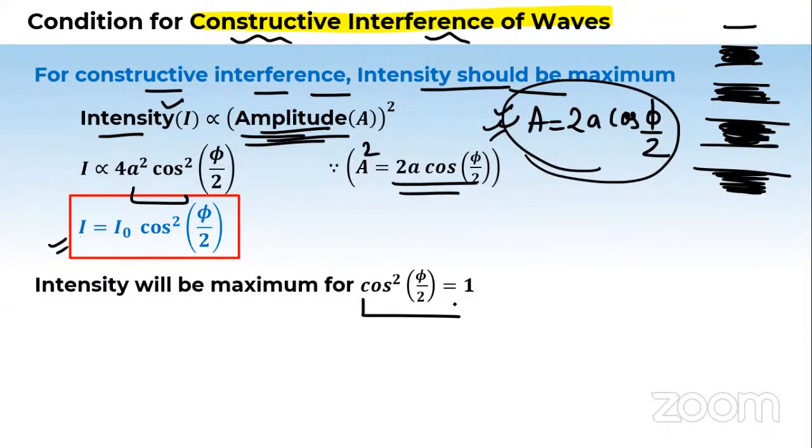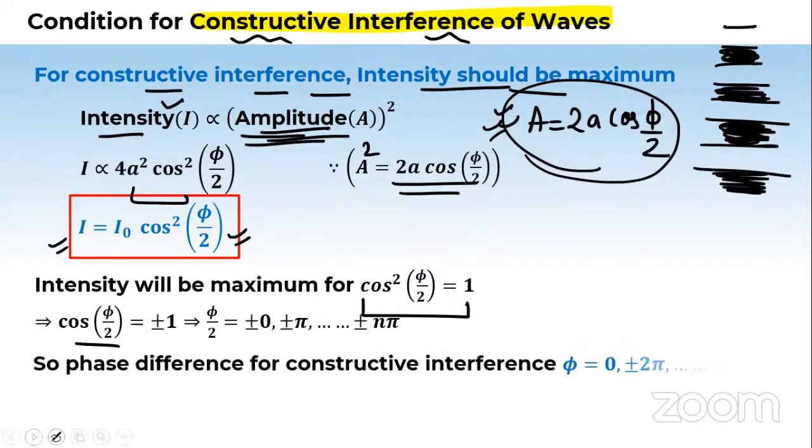Intensity will be maximum for what? Cos squared(phi by 2) to be 1. Okay. So for that to be 1, the phase difference for constructive interference is equal to 0, plus minus 2n pi. Remember this. Actually, what we are finding here is the condition for constructive interference.